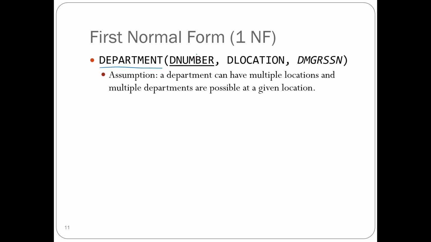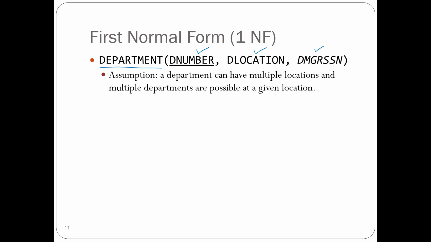And for the department relation, we have the attribute types department number, department location, and department manager SSN, right? So D number is the attribute type for department number. D location is the attribute type for the department's location. And DMGR SSN is for the social security number of the person who is serving as the manager of the department.